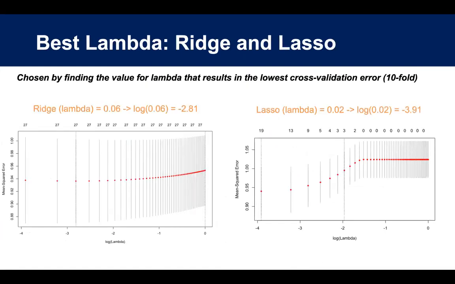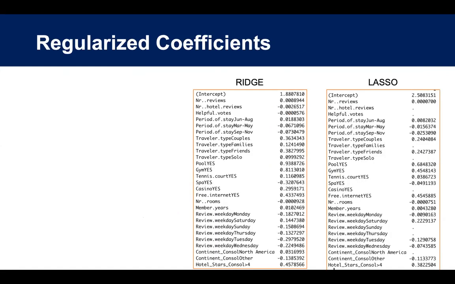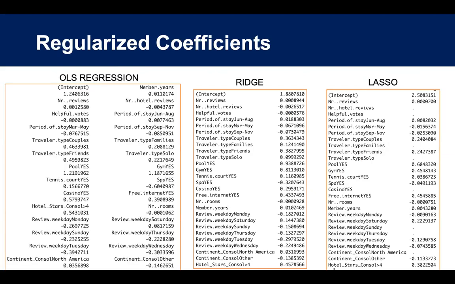So I used, as I mentioned, cross-validation to select the best value for lambda, then fit the models and was able to generate these coefficients. So you can see here the difference between the Ridge result, the Lasso result, and how that impacted the coefficients. And then when compared to the OLS, you can see the difference there as well. And one thing to point out, though, is that Lasso actually set some of the coefficients all the way down to 0, which is indicated by those missing points to the right here.